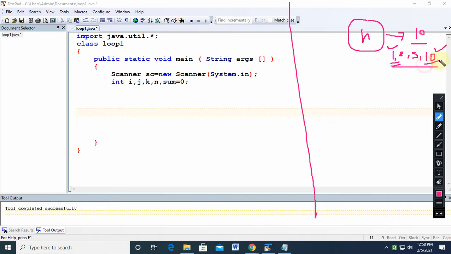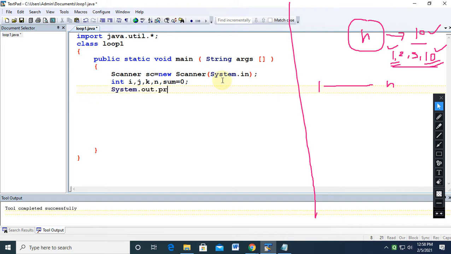And the maximum is the number itself, whatever it is, right? Everybody knows that if the user is inputting n, the number of which we want to generate the factors, every time we will generate a loop from 1 to that number only. Am I clear? So first of all, we will enter a number.